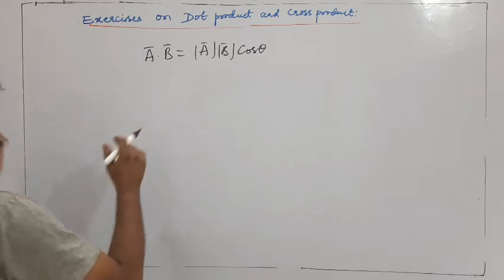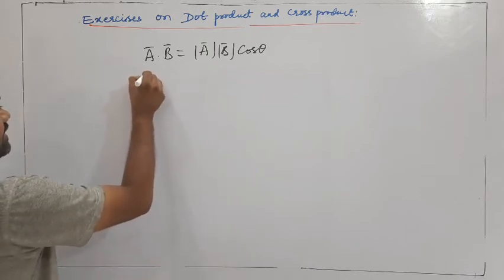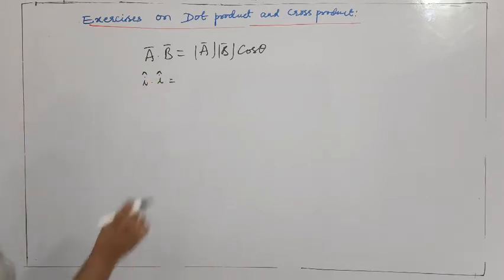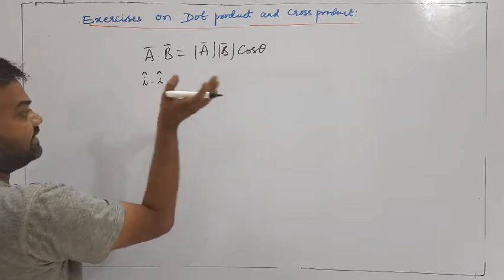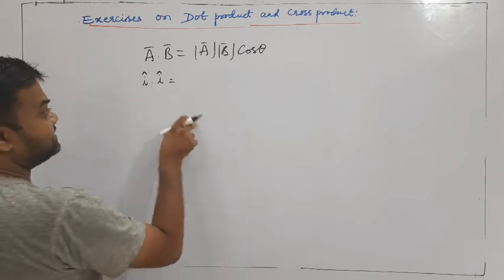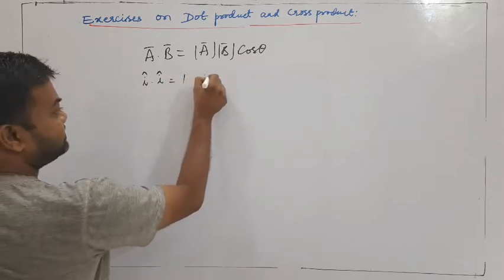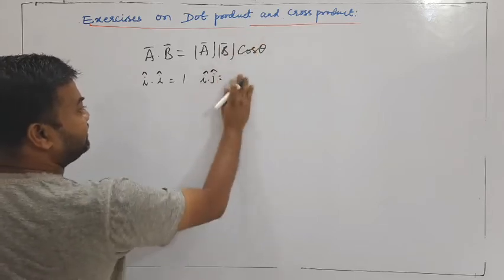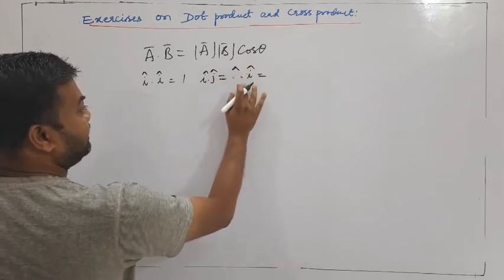One more important thing we have to explain here: what is i bar dot i bar? I bar dot i bar is 1 into 1 into cos 0. Both i bars are lying along the x axis. These are unit vectors which show the direction along the x axis, and the angle between them is 0. Cos 0 is 1, that's why it is 1.